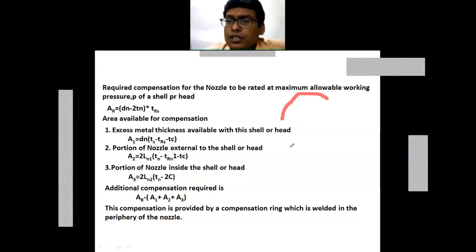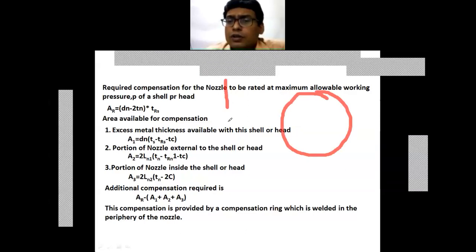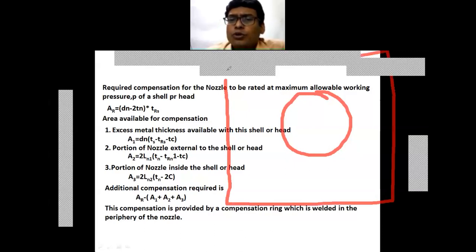Now here this is the area that is removed from this plate. This plate I have removed this area, right? And I'm going to provide a nozzle in that.